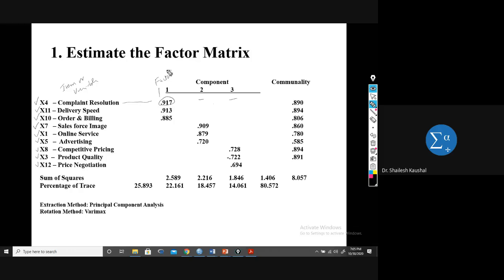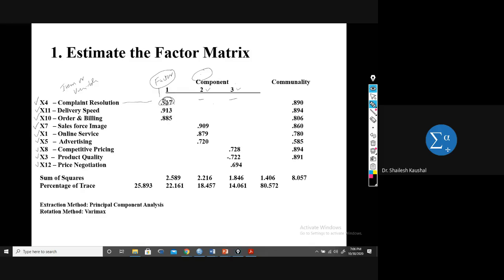There should be zero correlation between factor 1, factor 2, and factor 3. Theoretically it should be zero, but practically we see that a particular variable is also related to component 2 and component 3.